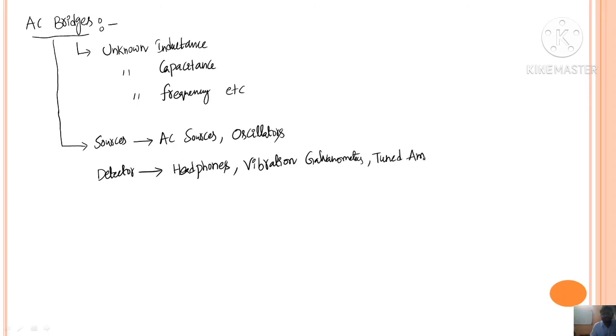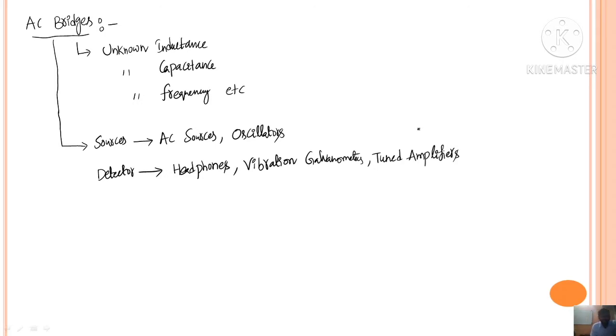We can use different detectors based upon the frequency range. If the frequency is in the range of 1 kilohertz, we can prefer headphones. If the frequency is beyond that, we can prefer vibration galvanometers, and if the frequency is beyond megahertz, we can go for tuned amplifiers.